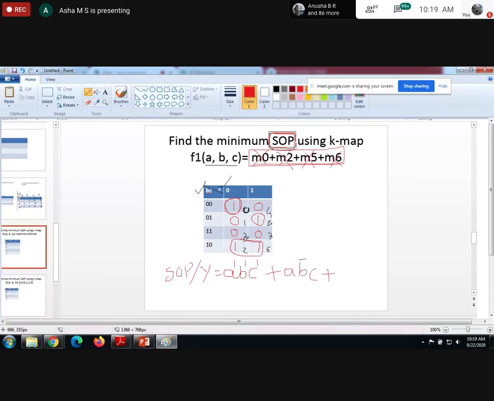Next I have this pair. What is the value of this pair? It is A bar B C bar plus A B C bar. Now I can take BC bar common, so A will get cancelled.